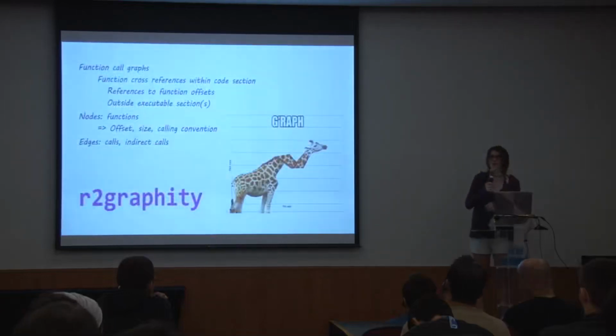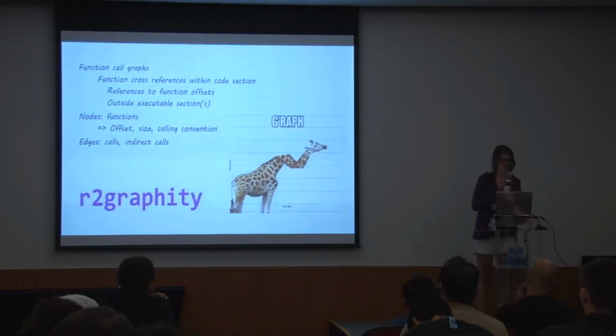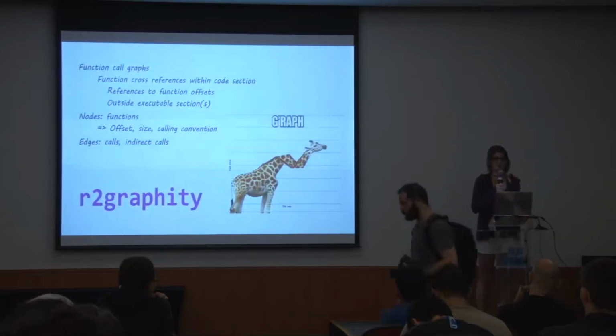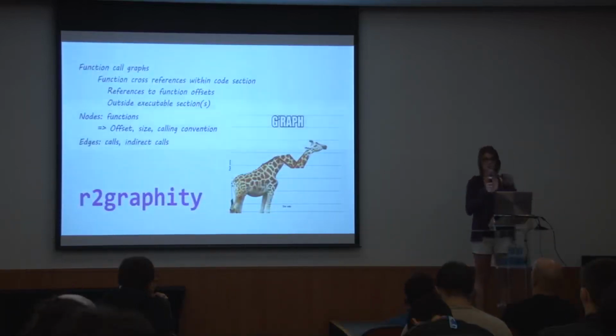The tool that I've been using, that I've been speaking about for a long time now, is R2Graphity. It's based on Radare2. It's a binary parser which creates the call graph out of a compiled binary. The call graph would be all of the functions of the binary and how they interconnect with calls and jumps.